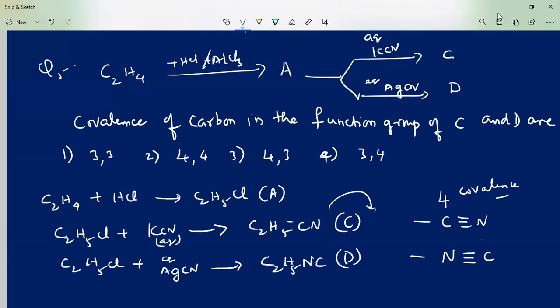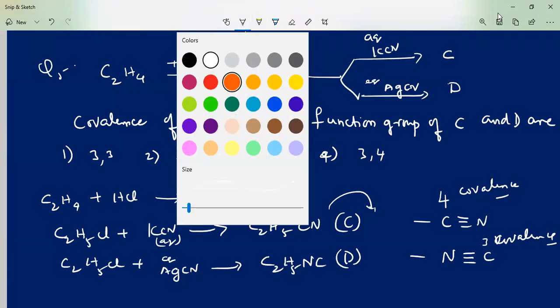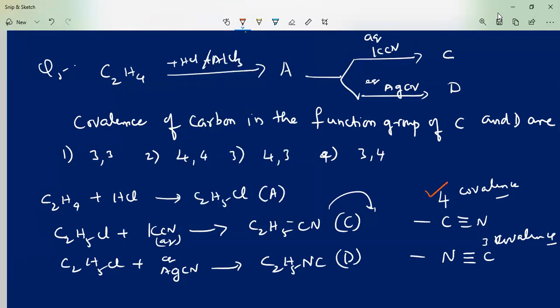So 3 is the covalence of carbon in isocyanide. 4 is the covalence of carbon in cyanide and 3 in isocyanide. So 4, 3 is the right option for this question.